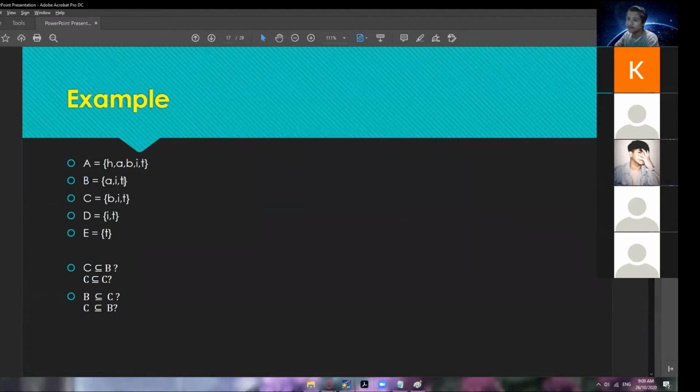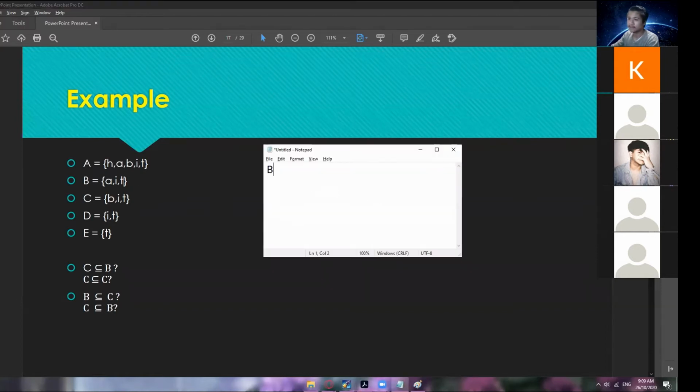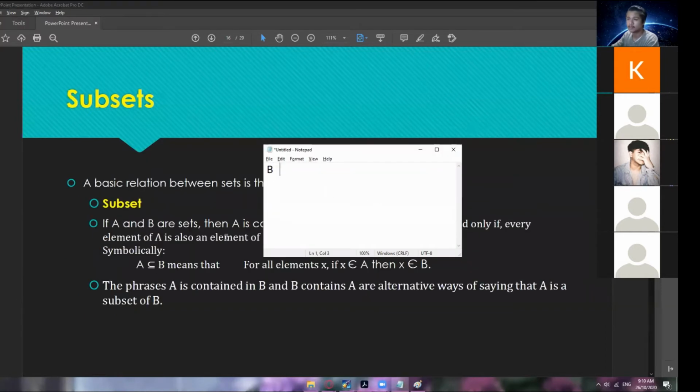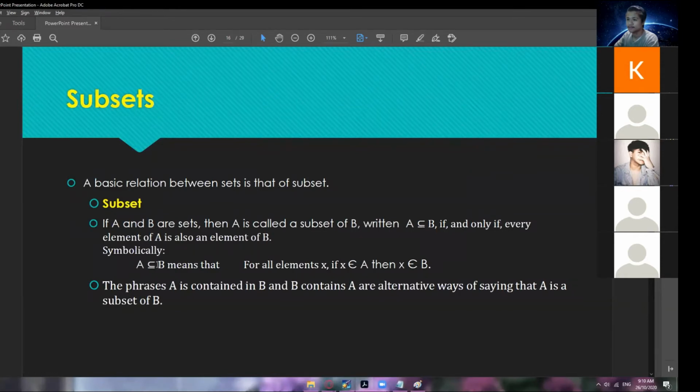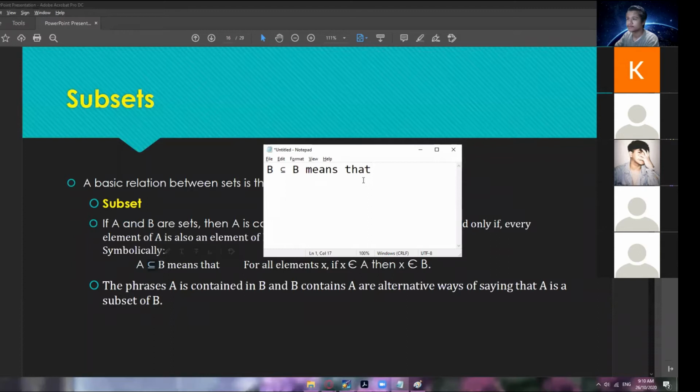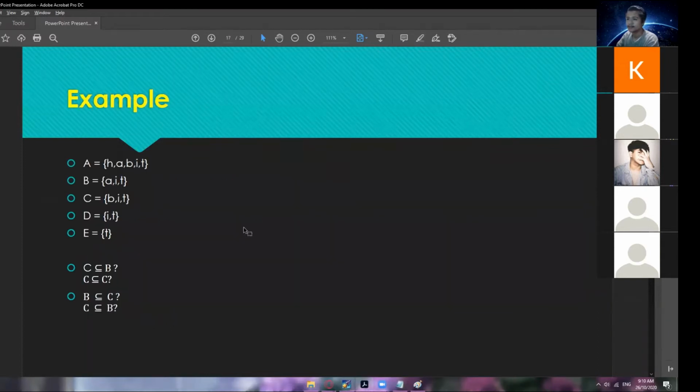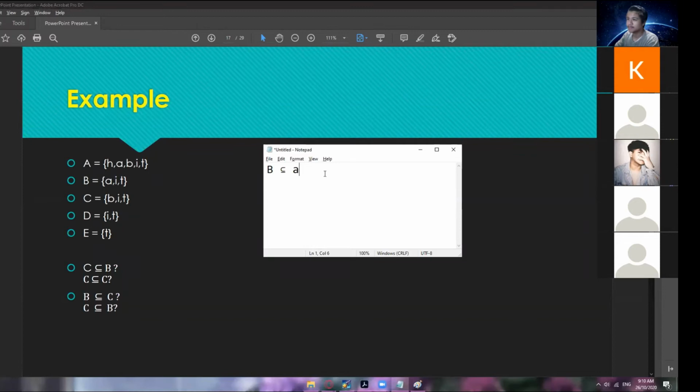If the elements of this set can be found in this set, then we could say that set B is a subset of set A. We have A that can be found in set A, letter I that can be found in set A also, and letter T that can be found in set A. So B is a subset of A.